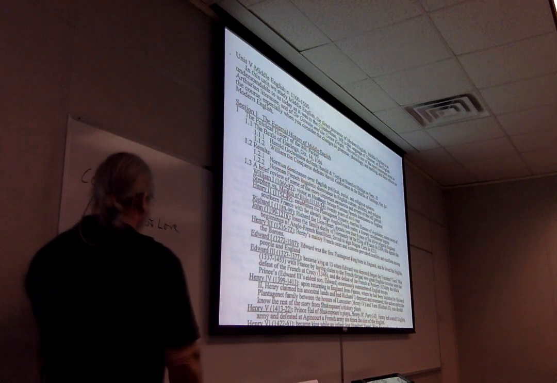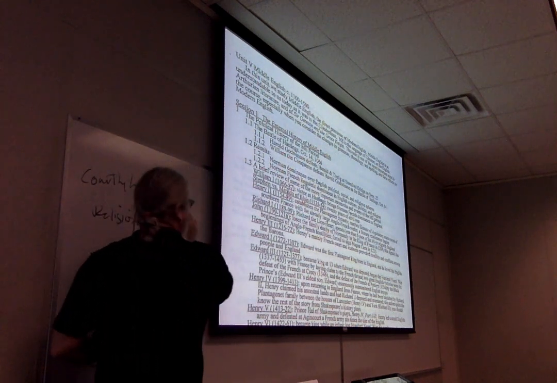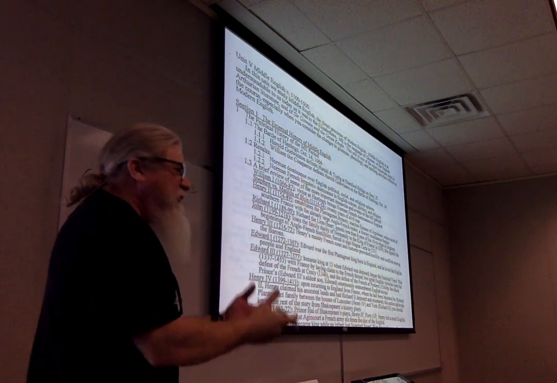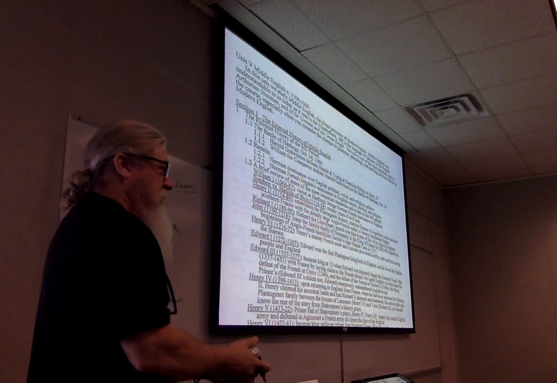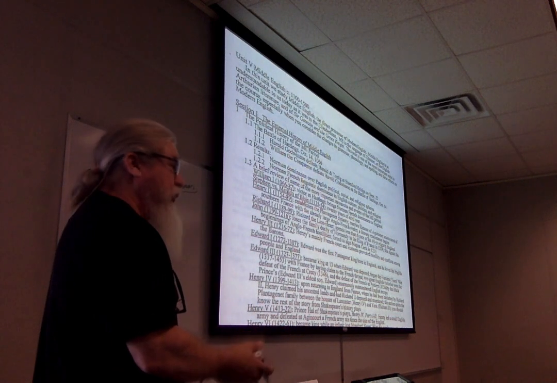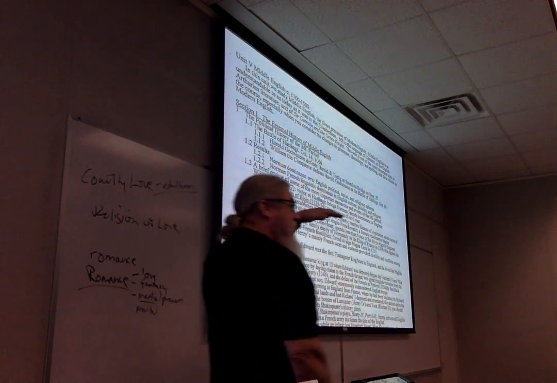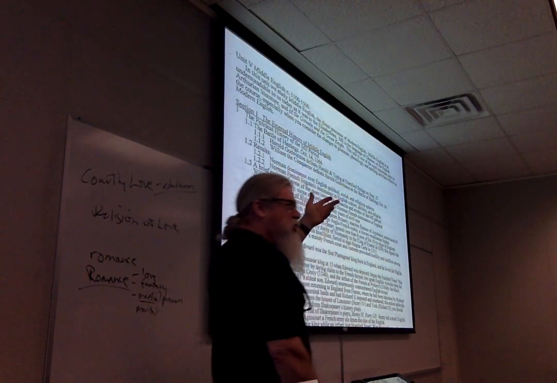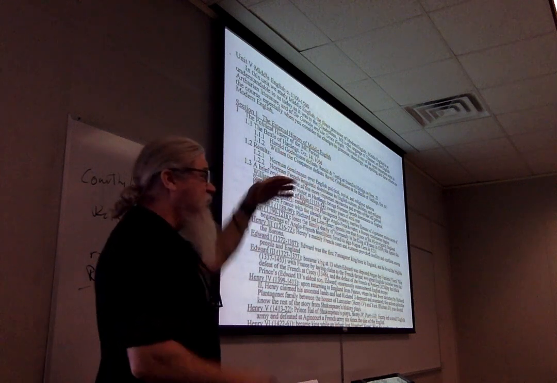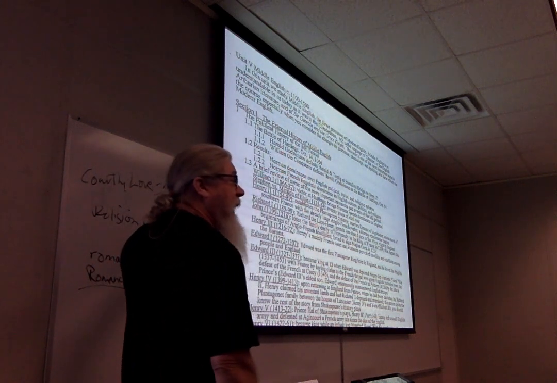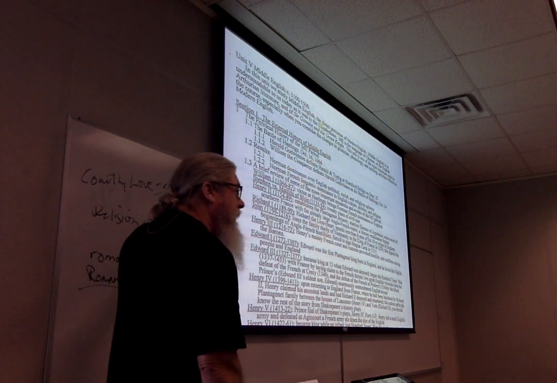Okay? Why? Because courtly love, at its heart, is adulterous. At its very foundation, it presumes adultery. Why? Because you have a lady, high-ranking lady, usually the lady of a castle, that is a duke's wife, or possibly a king's wife.